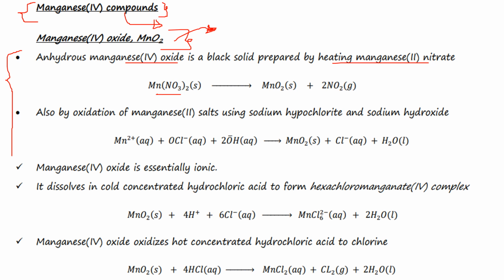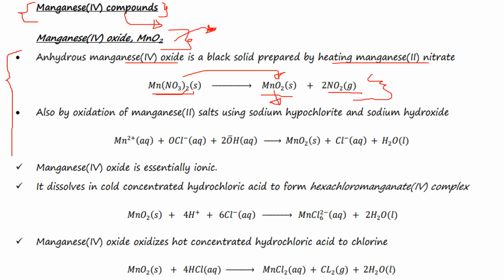So when you heat manganese(II) nitrate, you form manganese(IV) oxide, which is a black solid when it is anhydrous, and a brown solid when it is hydrated. When you heat manganese(II) nitrate, unlike other nitrates, you form manganese oxide together with nitrogen dioxide gas. This equation is very common.